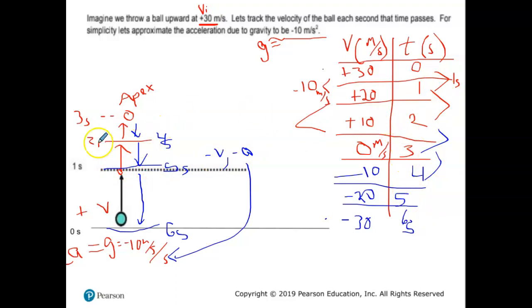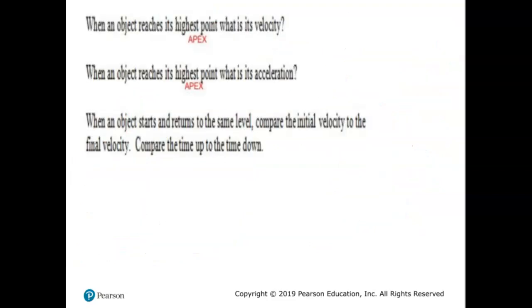If we're looking at 2 and 4 seconds, it'd be positive 10 and negative 10. If we're looking at 0 seconds and 6 seconds, that's 30 and negative 30. Remember, we don't worry about after 7 seconds because that's when it's no longer a free fall. So this modeling doesn't work after it bounces and hits something and then eventually stops.